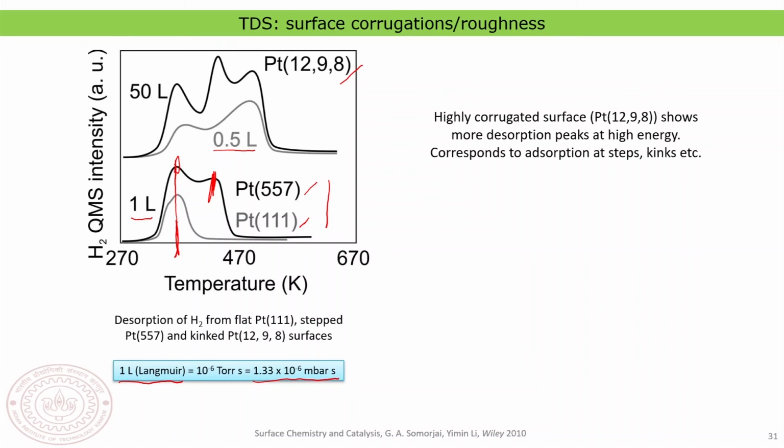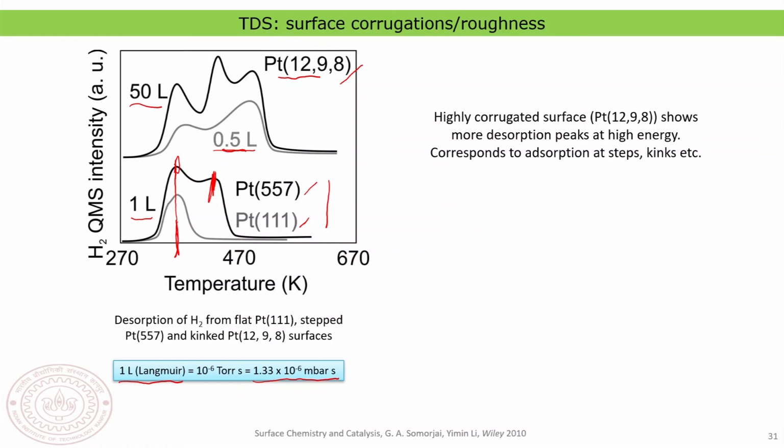Now this is quite interesting. By looking at a variety of surfaces for a given adsorbate, you can understand the possible types of adsorption on the surface. Let me also show you one more example, the adsorption of hydrogen on the platinum 1298 surface, which is definitely a much higher index surface, meaning you not only have steps, you also have a lot of kinks. When you do these experiments at 0.5 Langmuir and at 50 Langmuir, there is a strong difference.